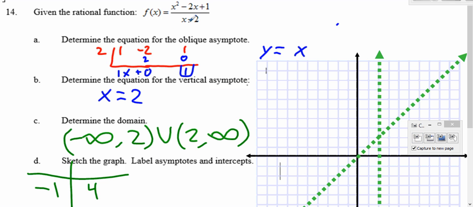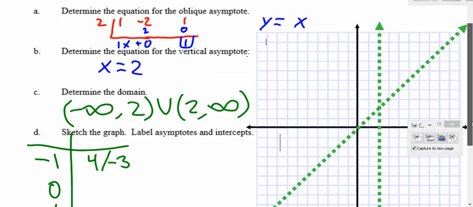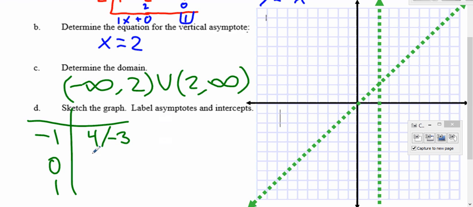Divided by negative 1 minus 2. It's 4 over negative 3. You could also use your calculator, make a table, plug all those things in, get them from the table. So at negative 1, we're at negative 4/3, so we're at about there.